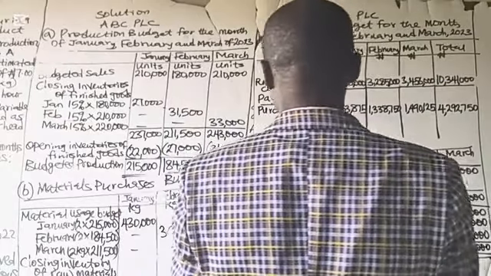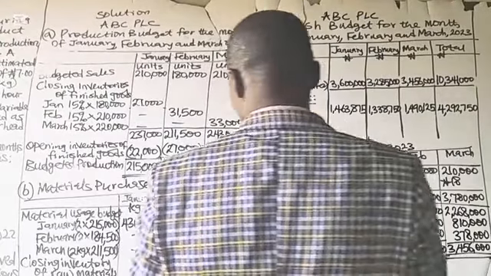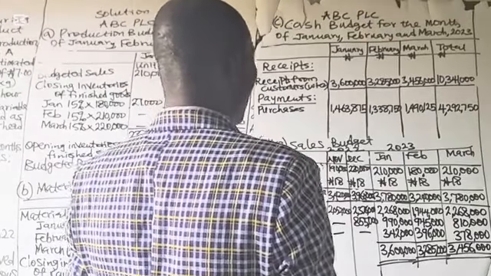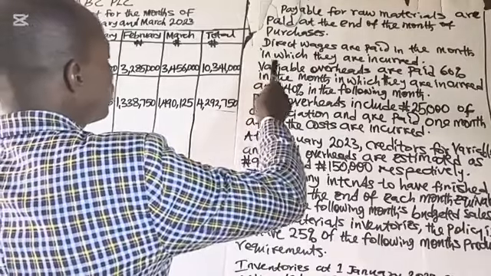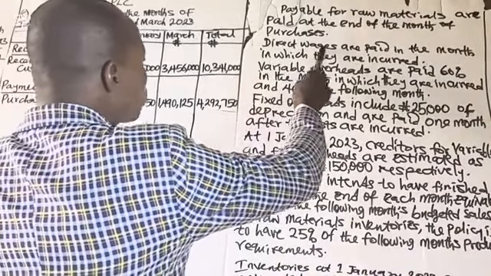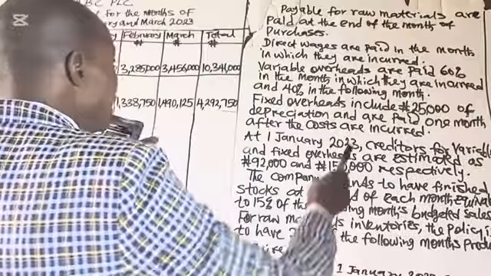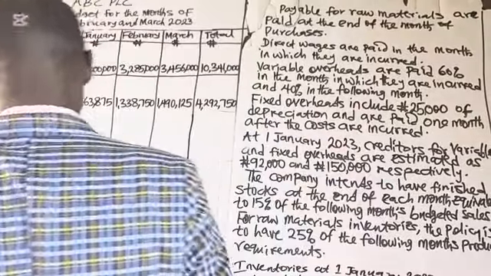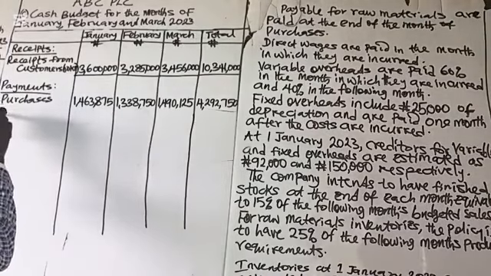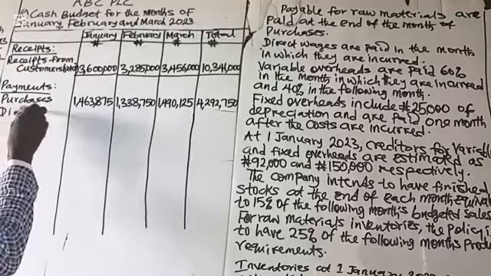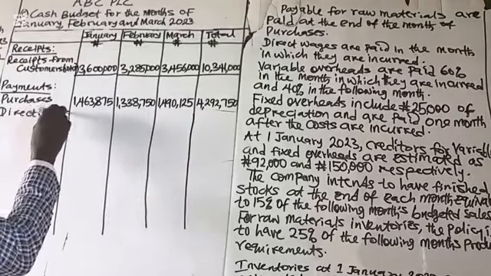Now, aside from the material purchased, what are other items of payment given in the question? We were told direct wages are paid in the month in which they are incurred. Now, let's have direct wages.